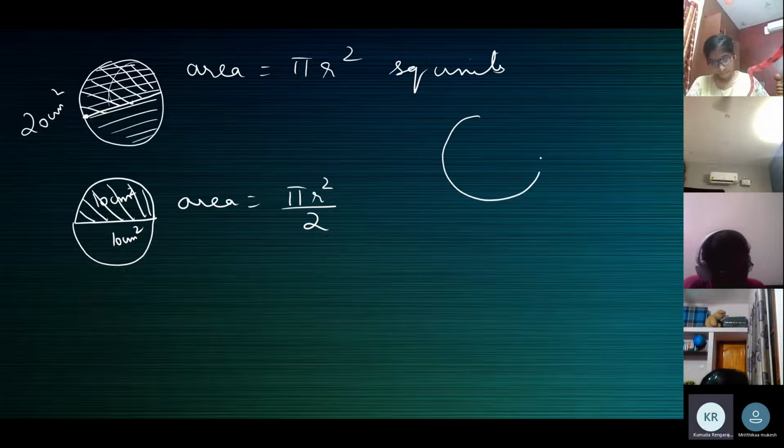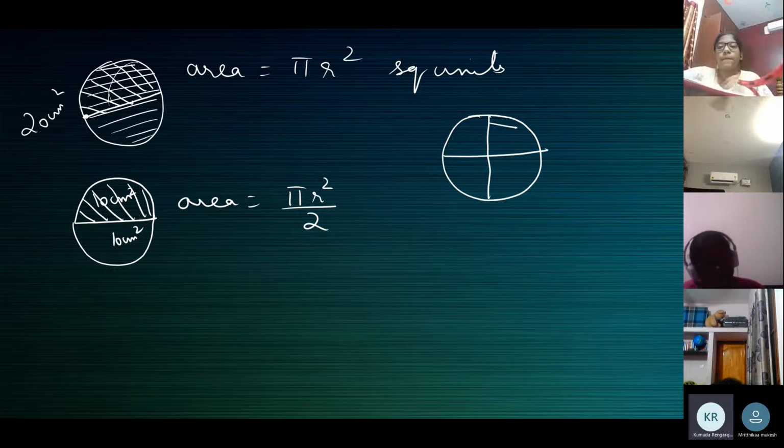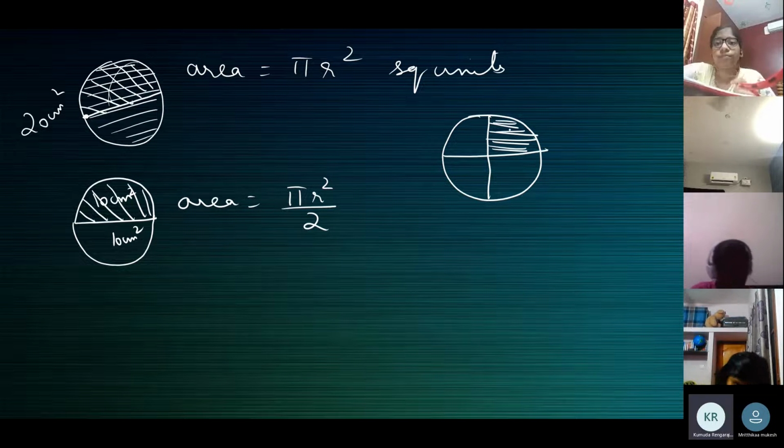So what will be the area of 1/4 of a circle? What will be the area of this portion alone? Pi r square by 4, because the total area is pi r square and this shaded region is 1/4 of the total area.